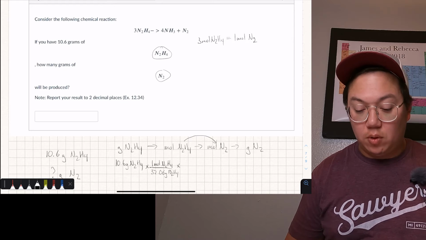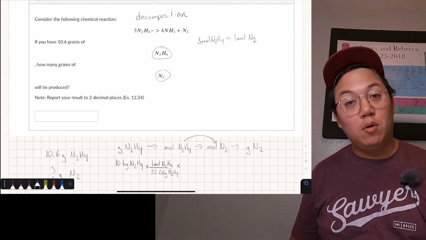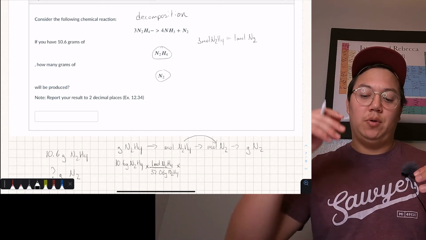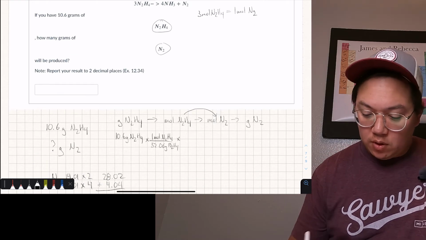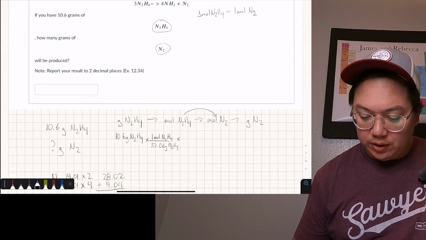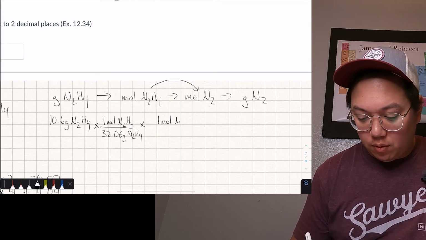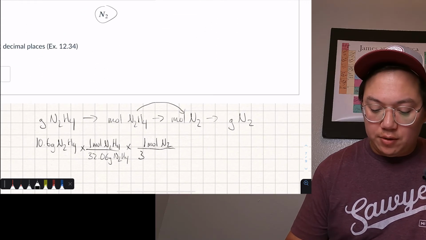Assuming that we have, oh, I guess in here this is a decomposition reaction because we have a single reactant decomposing or breaking apart into 2 other products. So we can use this ratio. We want to convert to moles of nitrogen. So we're going to say 1 mole nitrogen for every 3 moles N2H4.